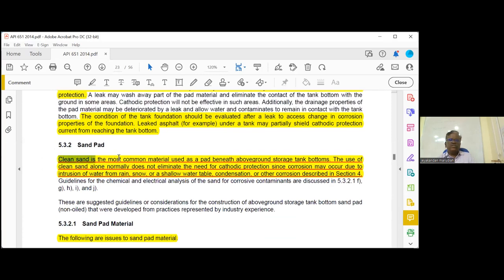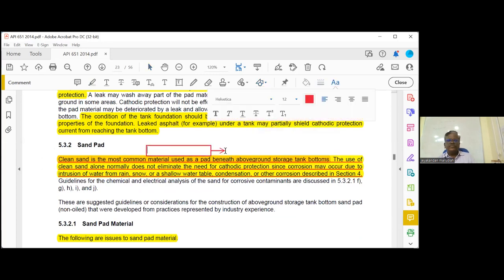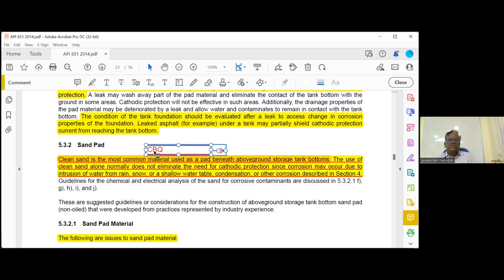Clean sand is the most common material used as a pad beneath aboveground storage tanks. Section 5.3.2, first line. Sand is the most common material used.